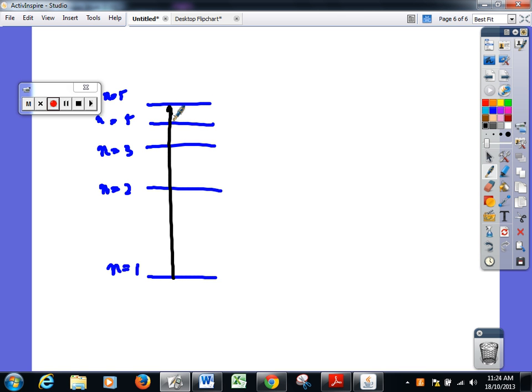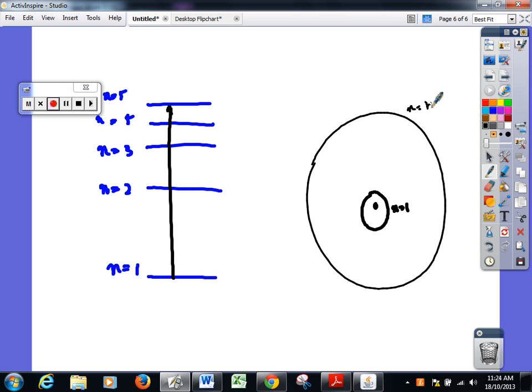So you absorb a photon so that you jump to orbit number 5, which is quite far out, high in the atom. You're a way away from the nucleus now. There's my nucleus. You used to be there at n equals 1, and now you're out here at n equals 5.